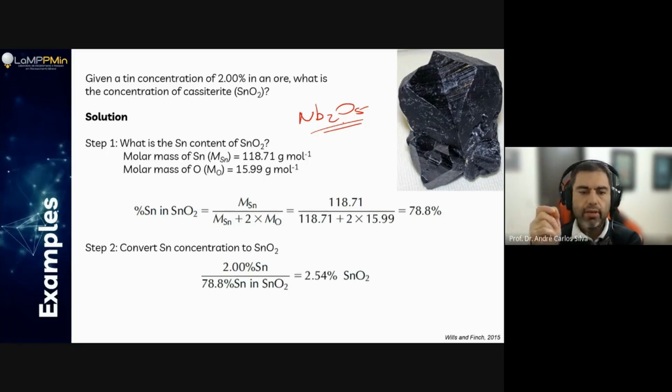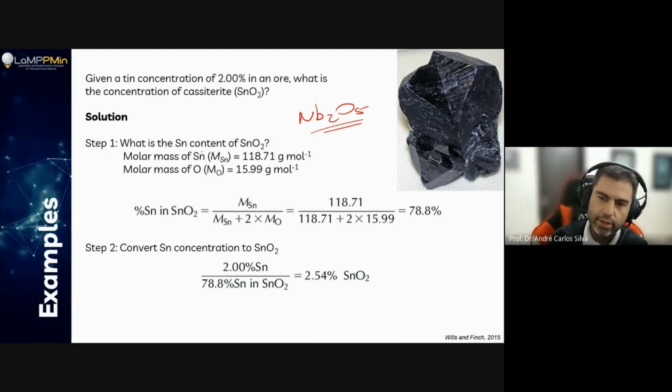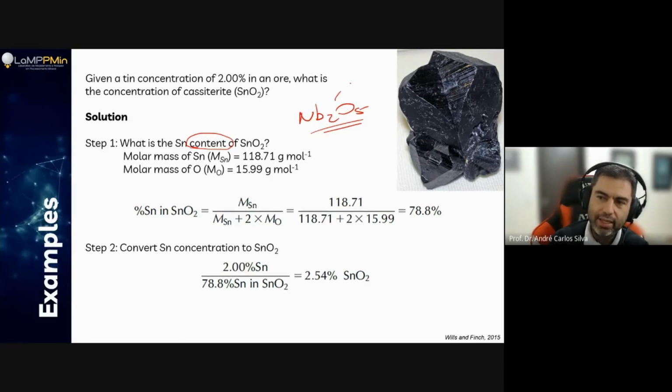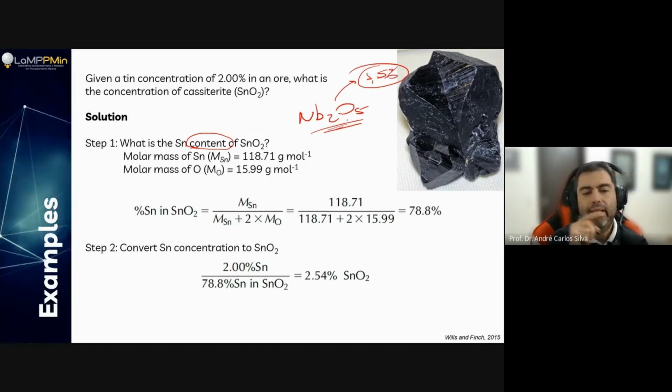If you use the word content, you're talking about the chemical element, not the oxide. So if you come to some place and say my niobium content is 1.5%, you're fundamentally wrong, because 1.5% would be a very good block of ore for us as percent of niobium pentoxide.